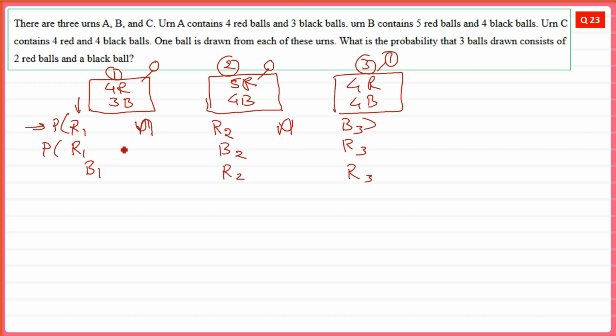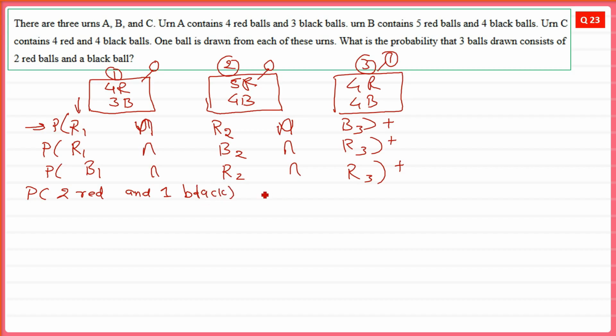The second term is P(R1 ∩ B2 ∩ R3). The third term will be the probability of B1 ∩ R2 ∩ R3. Now these are 3 different terms which are going to be added in order to get 2 red balls and 1 black ball when 1 ball is drawn from each of these urns. So we will write the probability like this: probability of 2 red and 1 black equals, now you have to write everything.